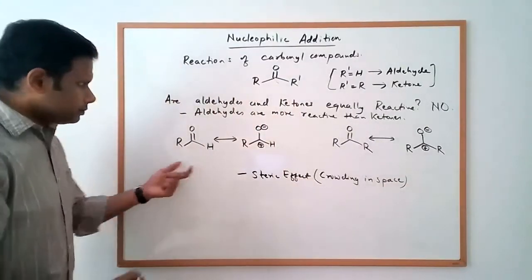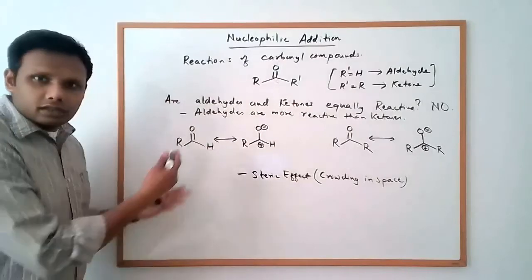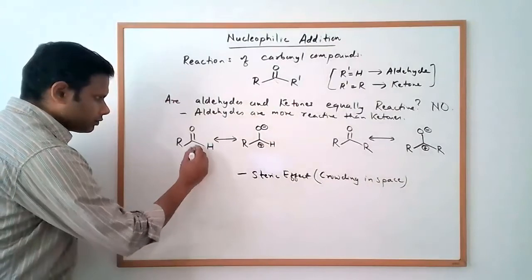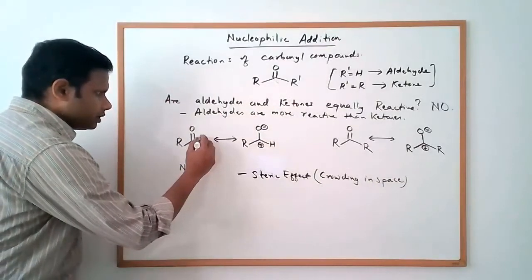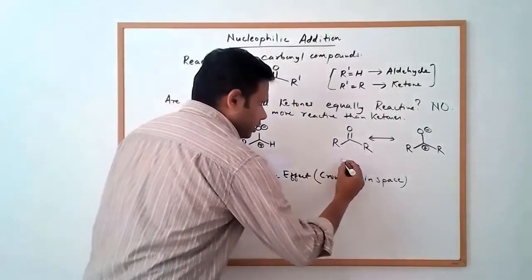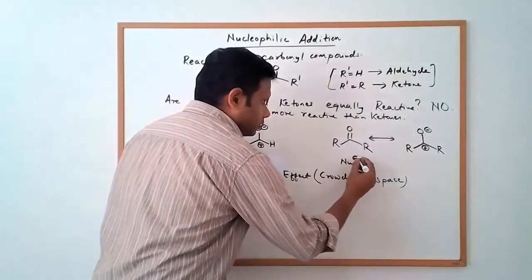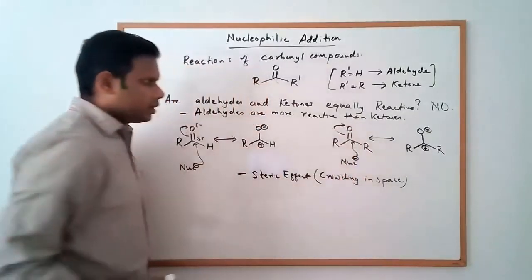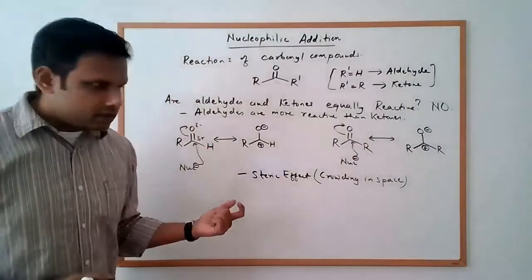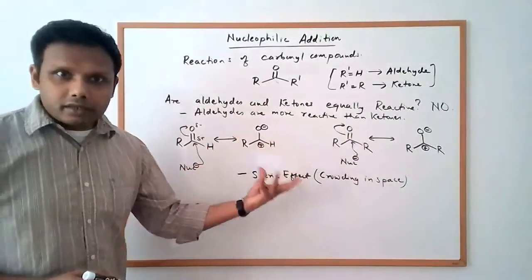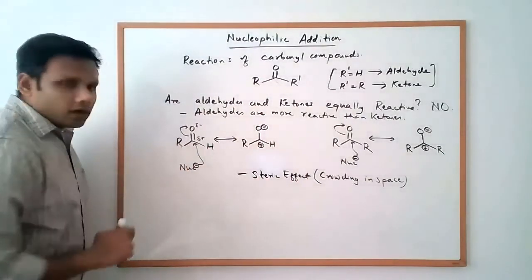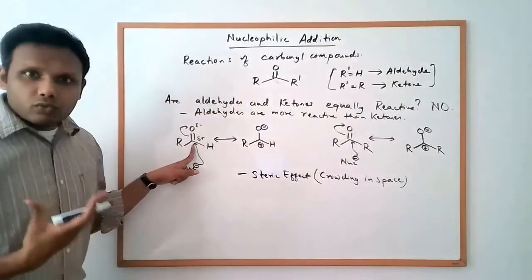So since the attack on these carbonyl compounds involves a nucleophile attacking that carbonyl carbon, and then that pi bond opening up, and similarly here, the nucleophile attacking the carbonyl carbon and the pi bond opening up, since that's the first step in the mechanism, okay, or at least that's the rate limiting step in the mechanism, the sterics around this carbonyl carbon, those would matter.